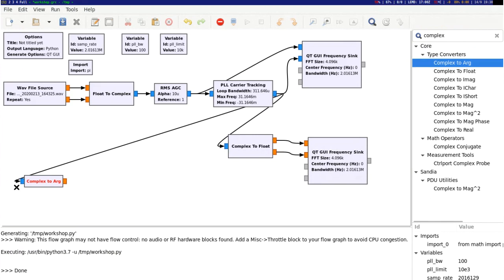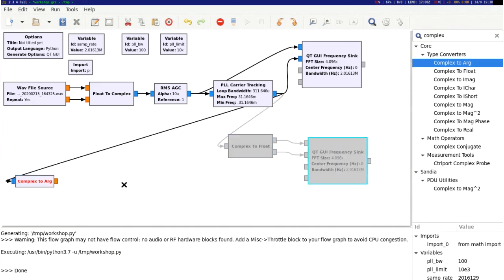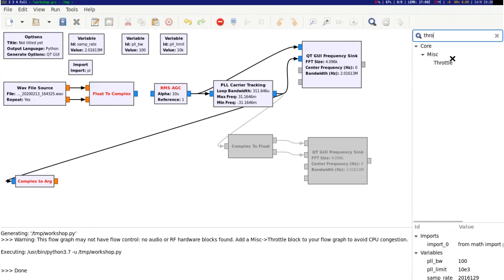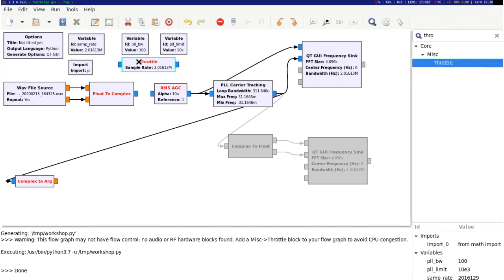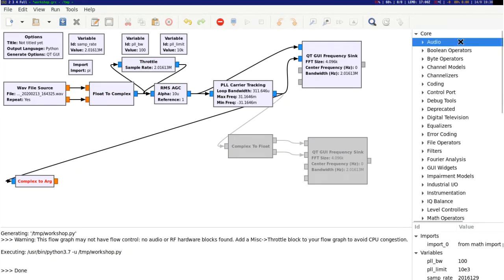So remember we said this modulation works by shifting the phase of the signal. With complex to arg, we can access the phase. By suggestion of Mike, I think I'm going to put a throttle block. What this does is to slow down the flow graph so that it doesn't choke all my CPU.